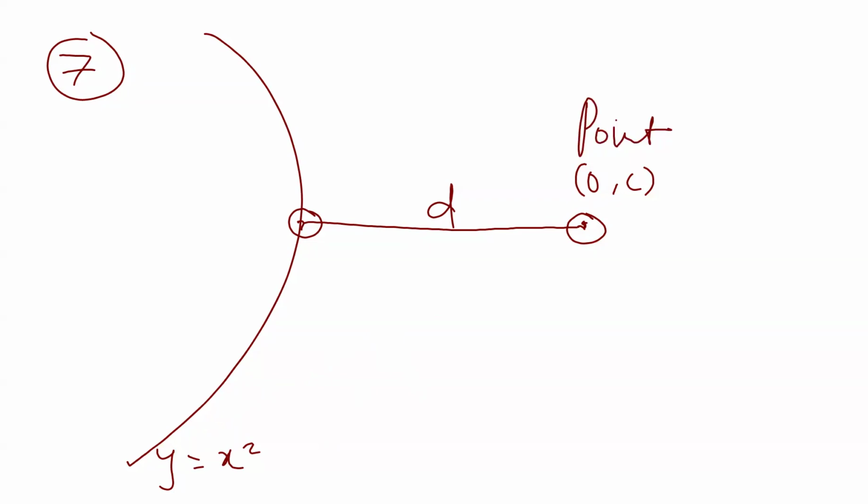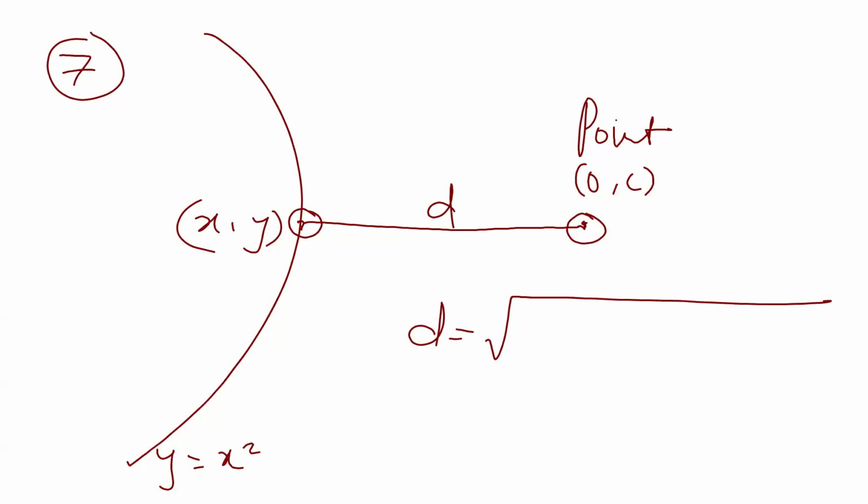Okay. So let the point on the curve be x comma y. So what is d as per distance formula? Guys, have you understood this?